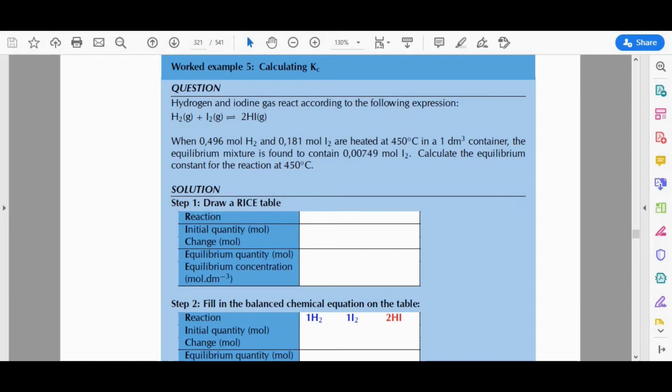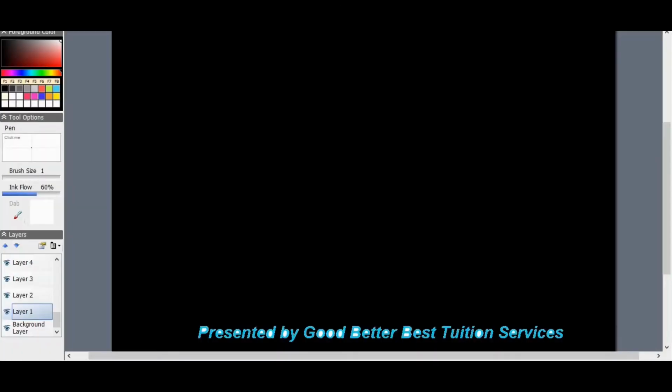Looking at this question, a couple of things need to take place first, which is very similar to the solution I'm about to do and that the textbook also has. What I would advise everyone to do first is always write down the reaction. So we have H2 plus I2, gas and gas, and we have our product, which is HI gas as well.